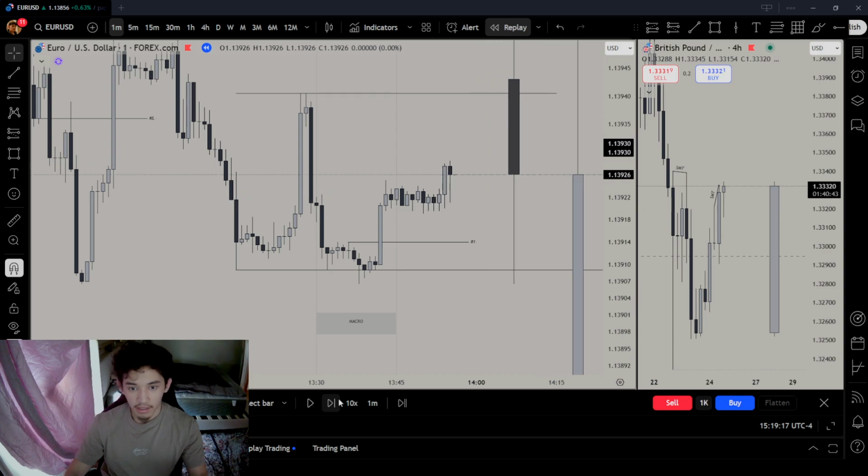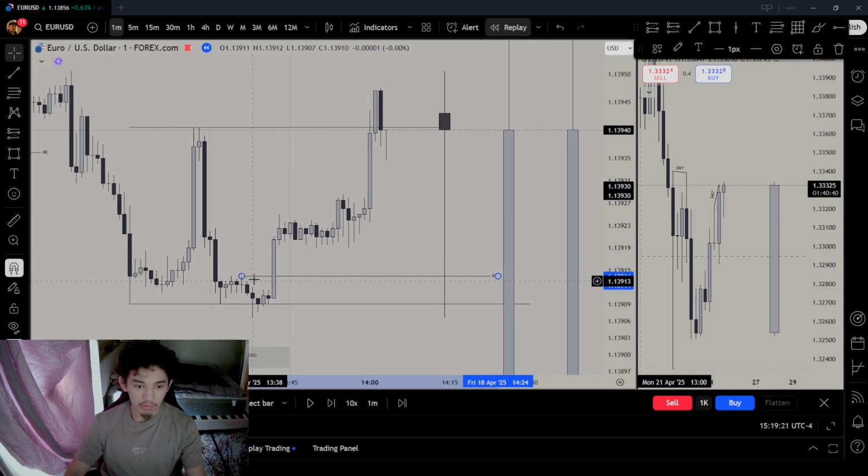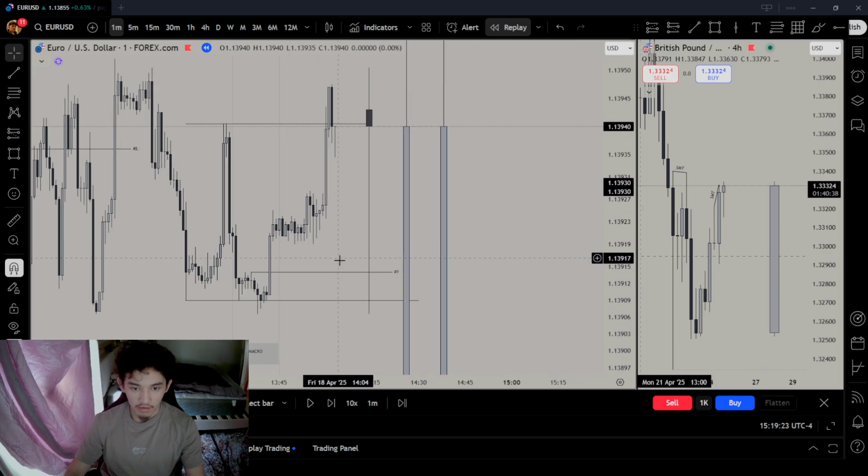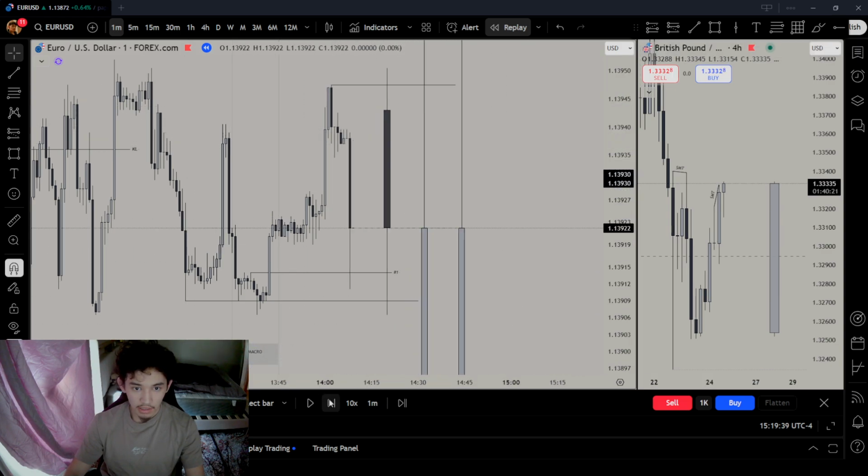It all depends on how you want to do this. This could be a little bit riskier. You could have still gone long up here, retested it, and gone right back to this high. Once it gets entry here, you take profit here, eventually going like that.